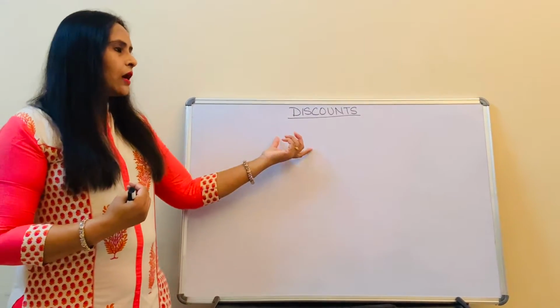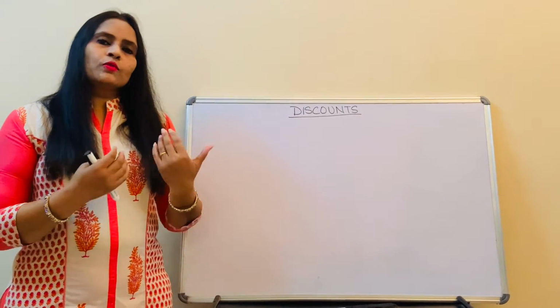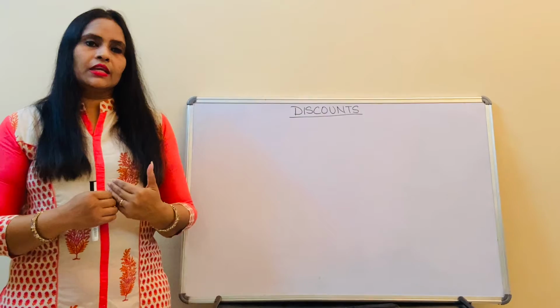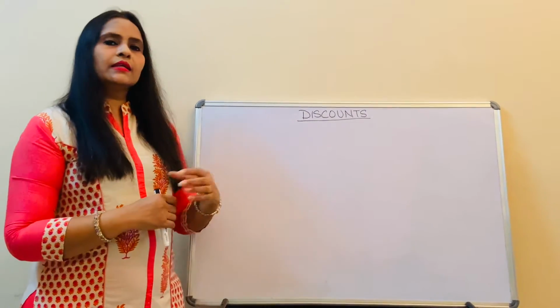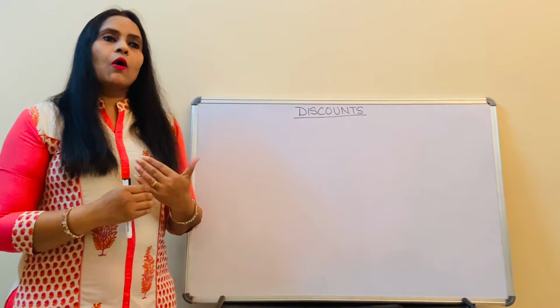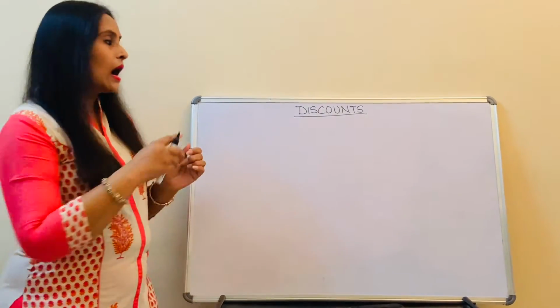So what are discounts? Shopkeepers give discounts to the customers to attract them, and these are always given in percentage. Certain points are to be remembered while calculating discounts: discounts are always taken or given on the marked price. Now friends, what is this marked price?